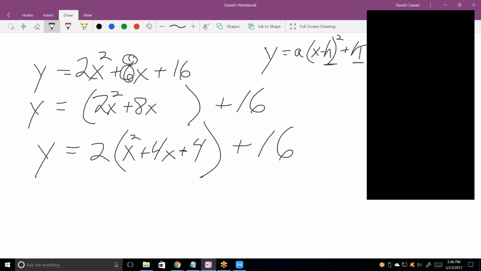Subtract 4. 8. Notice that when I put the 4 in there, that 4 is being multiplied by this leading 2 that I factored out. So I really added 8. So I now have to subtract 8. Now it's the same. In other words, now this equation is the same as that, what we started with.